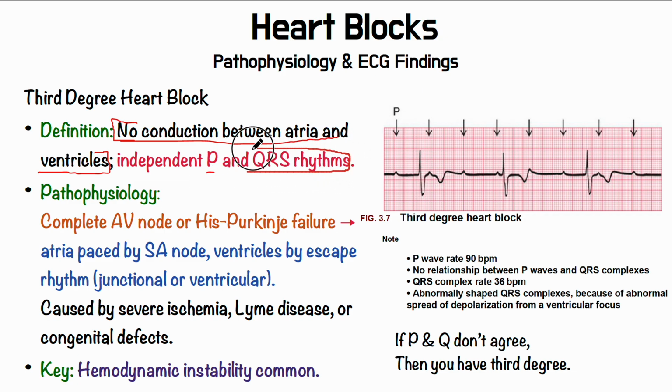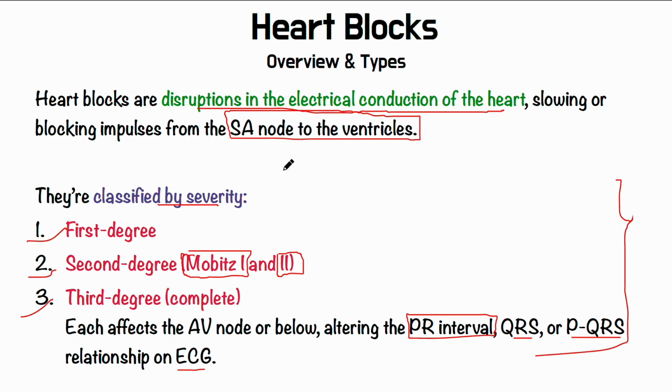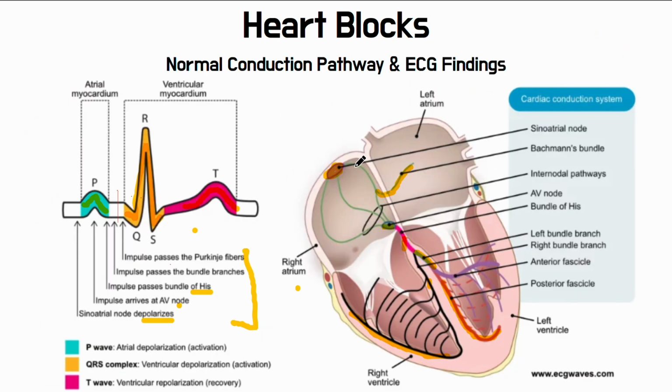So you might be confused: if there is no travelling of impulse from atrium to ventricle, how can there be a QRS rhythm independently? What actually happens is that impulses are generated physiologically by all these pathways: the SA node, the AV node, the bundle of His, then the Purkinje fibers. Impulses are created by all of these fibers, but the SA node is predominant.